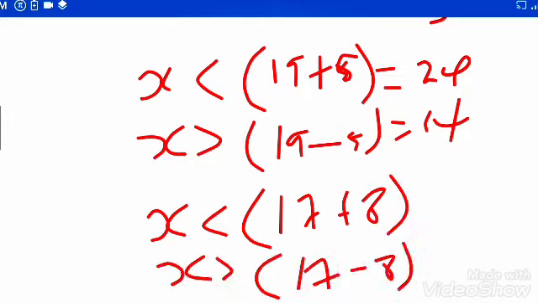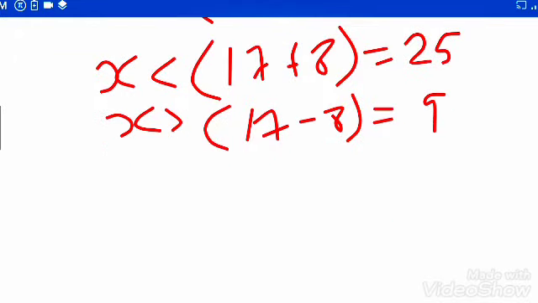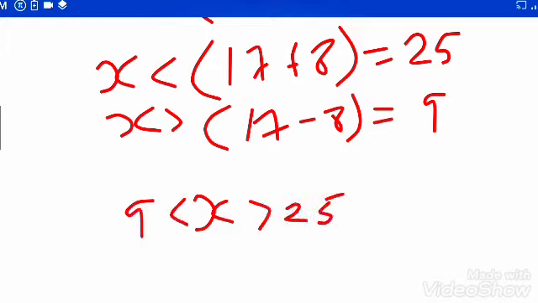Now 17 plus 8 gives 25, and 17 minus 8 gives 9. So the range of values will be greater than 9, less than 25, and that's going to be 10, 11 down to 24.